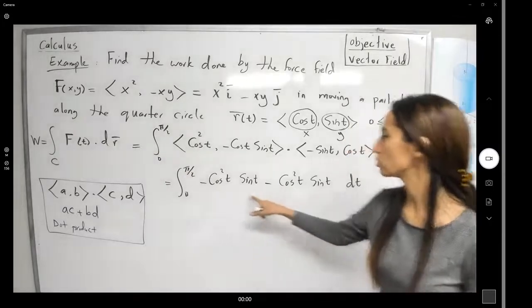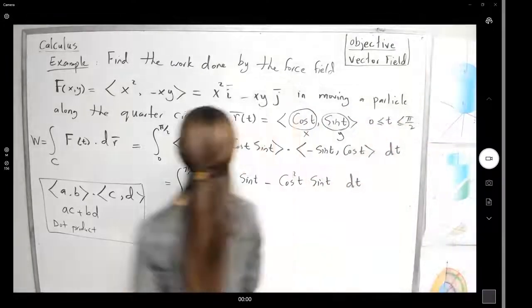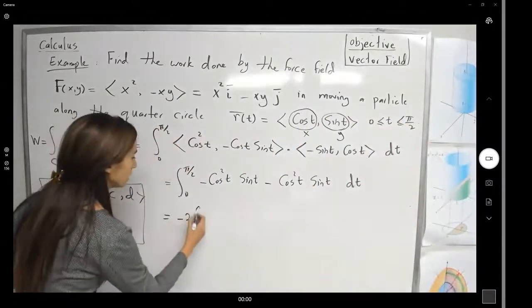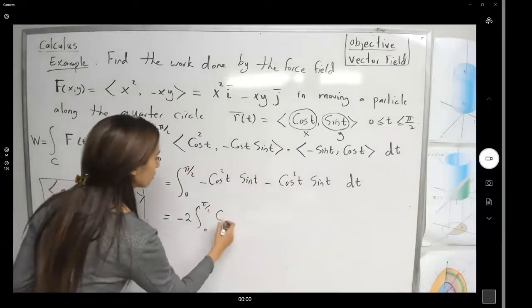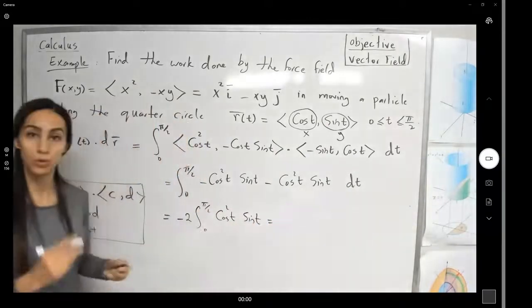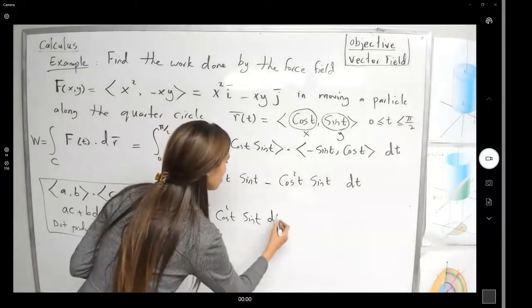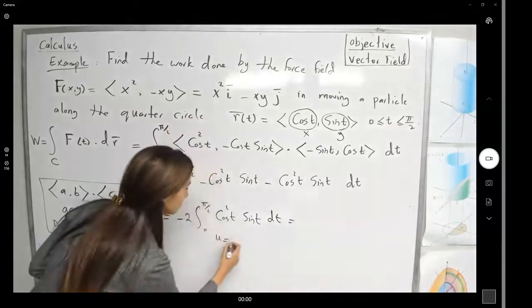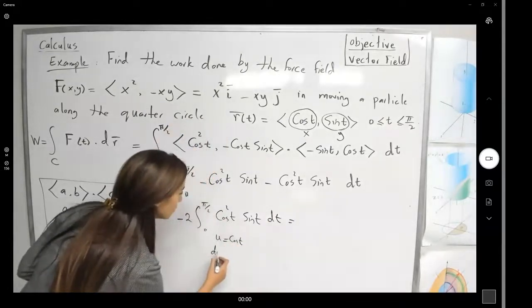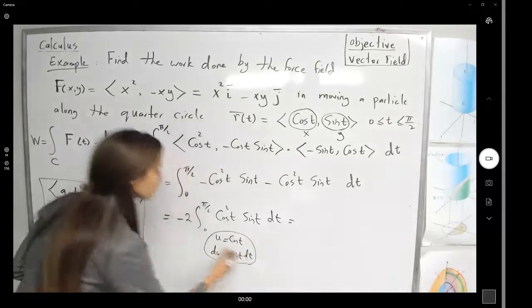Negative cosine squared t sine t, so we get negative the integral from 0 to pi over 2 of cosine squared t sine t. You can use u-substitution. u is cosine t, and du is negative sine t dt.